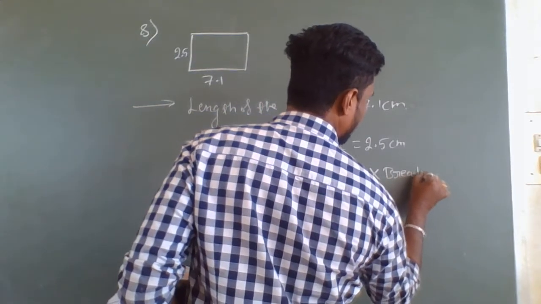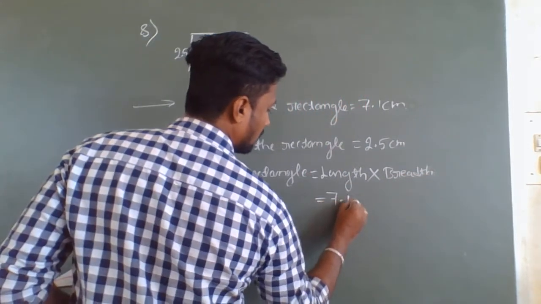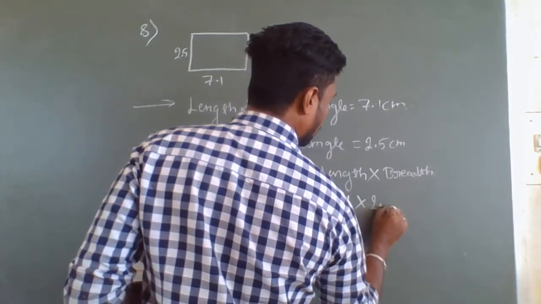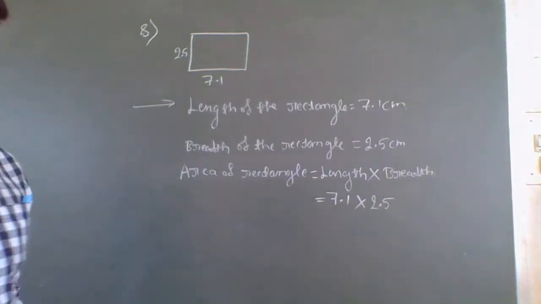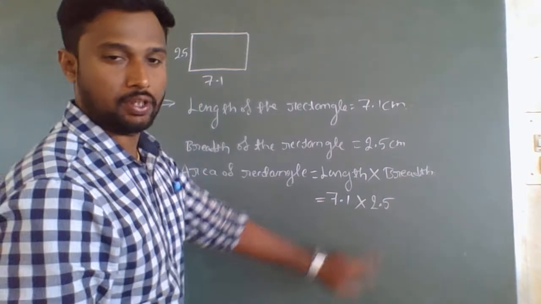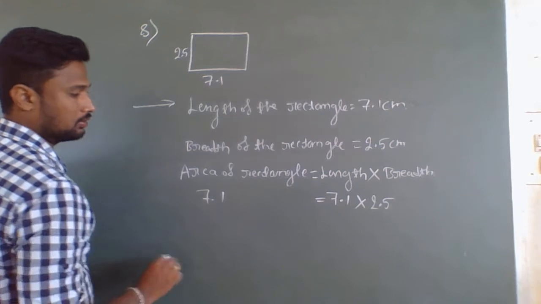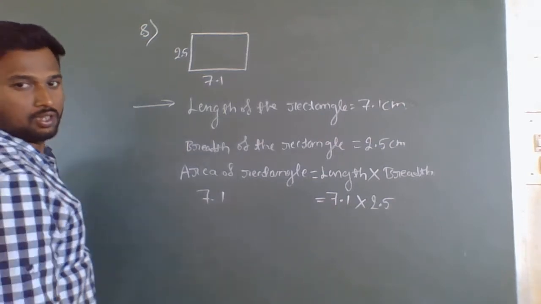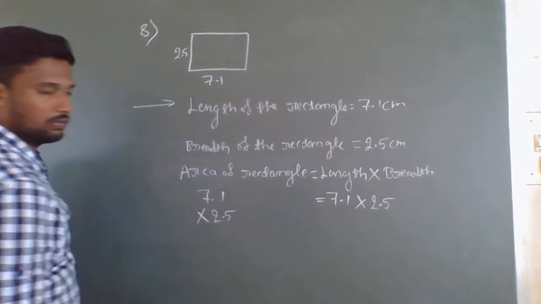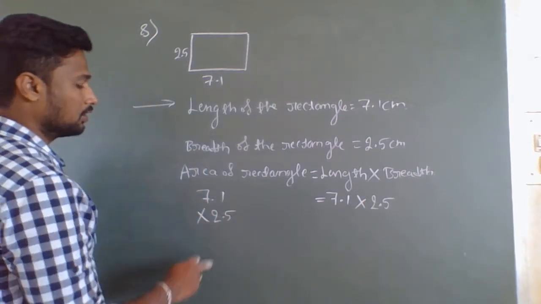So what is the length? They have given 7.1 centimeter into breadth, 2.5 centimeter. Now we have to multiply 7.1 and 2.5. Length is 7.1 and breadth is 2.5. What we can do here is consider 71 and 25.